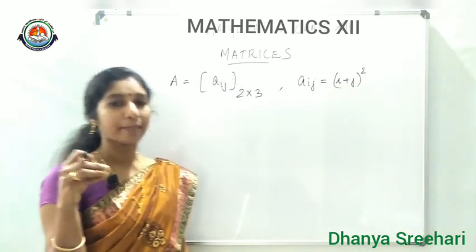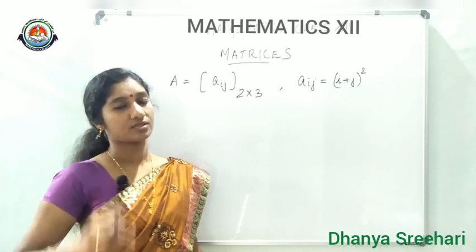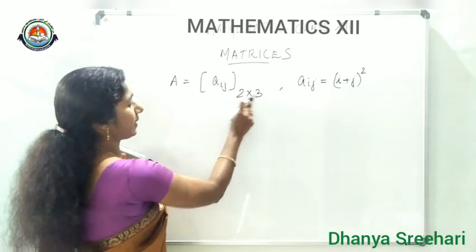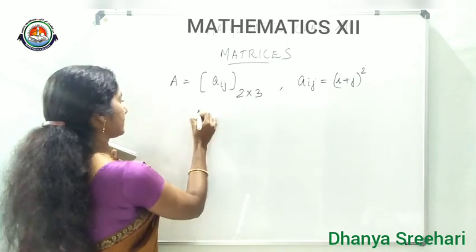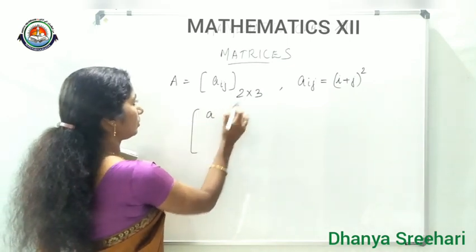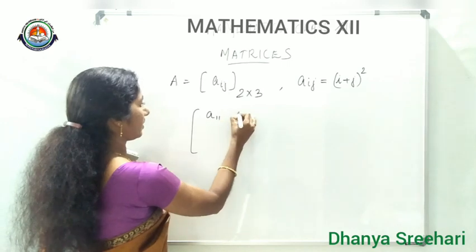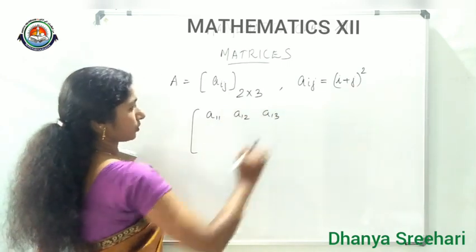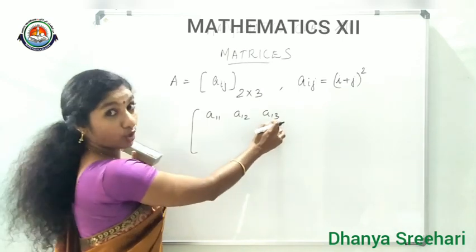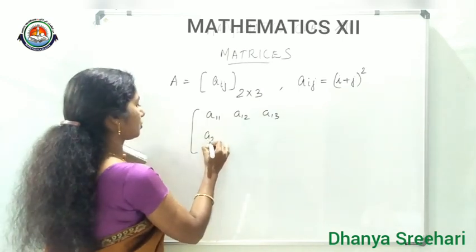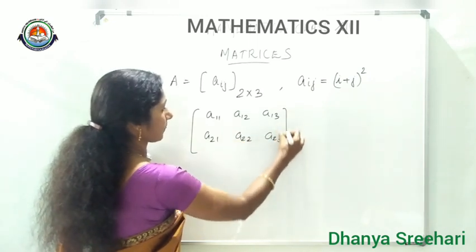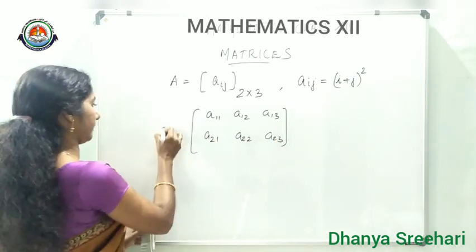Aij means the element is given by (I plus j) whole square. See, it is a 2 by 3 matrix. So how many terms will be there? 2 rows. So A11, A12, A13. First row, 3 columns are there. A21, A22, A23. So this is our matrix A.